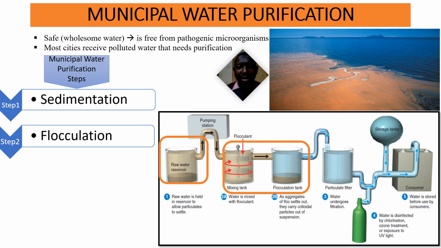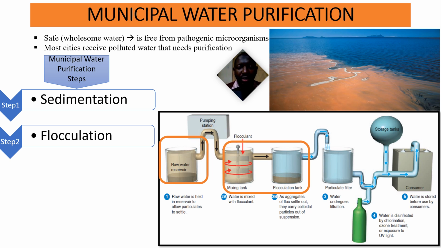Now, this large aggregate will settle down at the bottom of the tank. So that is to say, this flocculation process involves mixing the water with alum or a sedimenting chemical to make the suspended materials in the water settle down, so that the water will now become clear.